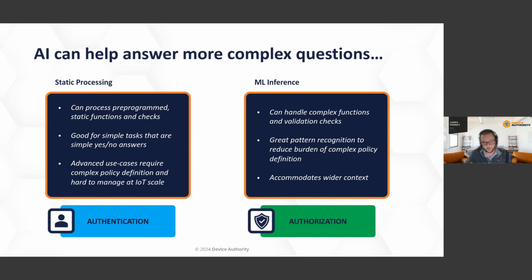So, back to the bar scenario: greater ability to perform pattern recognition, and reduce the burden of complex policy definition. In the bar scenario, there is a static processing angle you could apply to people buying drinks. You could breathalyze every single one at the bar, see what their blood alcohol content is, and then decide whether to give them a drink.